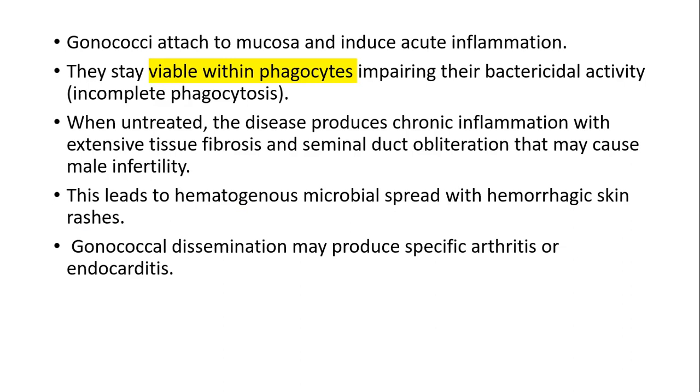This leads to hematogenous microbial spread with hemorrhagic skin rashes. Gonococcal dissemination may produce specific arthritis or endocarditis. It is not a usual situation when gonococci disseminate to the bloodstream, but in the case of chronic gonorrhea it can happen, and it was proved that Neisseria gonorrhoeae can cause endocarditis in chronic gonorrhea.